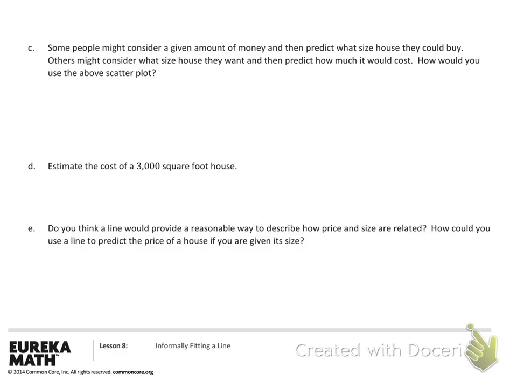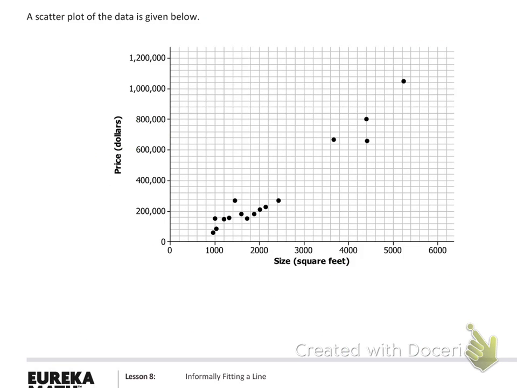And so I either want to choose the money and then predict the size, or choose the size and then predict how much it would cost. So let's look at the scatter plot here. This is getting at some terminology that you may or may not have had a lot of exposure to, but the variable that we put on the horizontal axis we refer to as the independent variable, which is why we put it there.